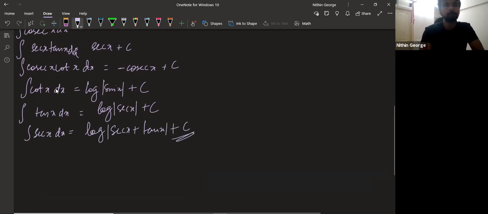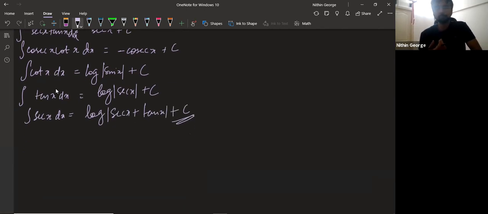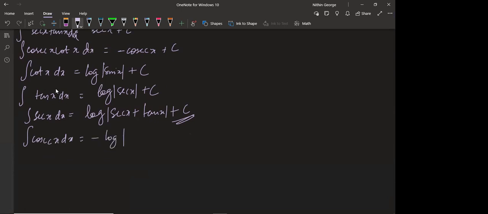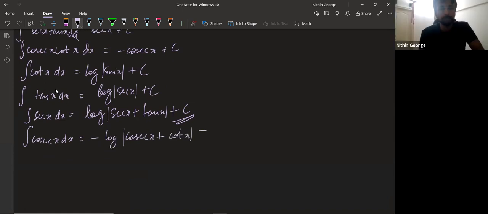Okay. Then, of course, cosec x dx: minus log mod cosec x plus cot x, or log mod cosec x minus cot x. I write it as the same thing, okay?